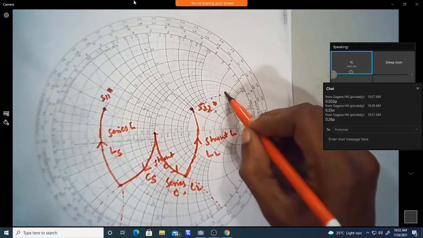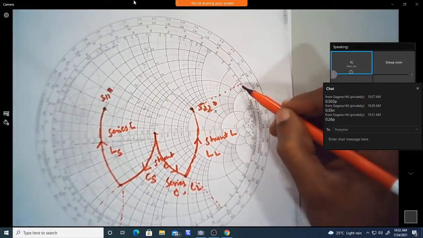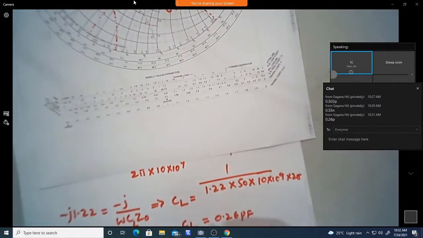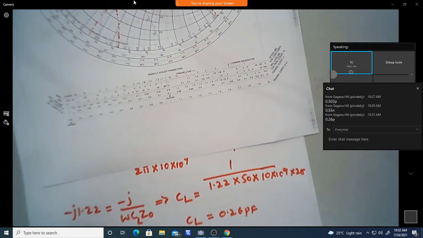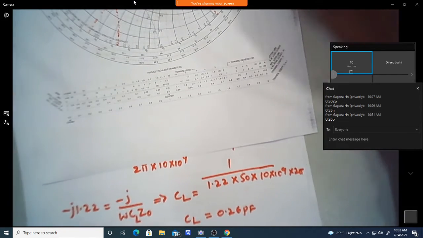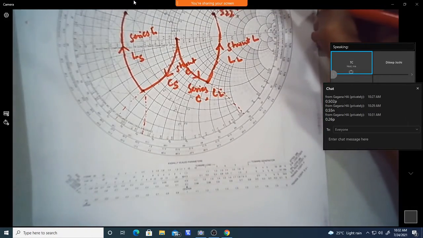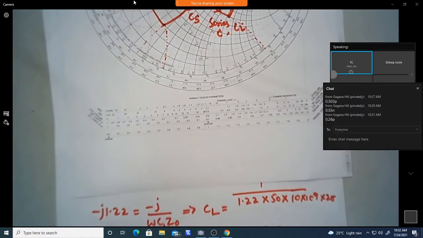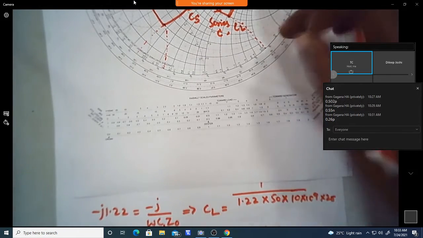So we are getting 0.22 approximately. Okay. Since it is a shunt L, we know that shunt L is equal to j by omega L Y0, which is equal to, so now we can see here, minus j 0.22 minus this 0.48, so that will give minus j 0.7.